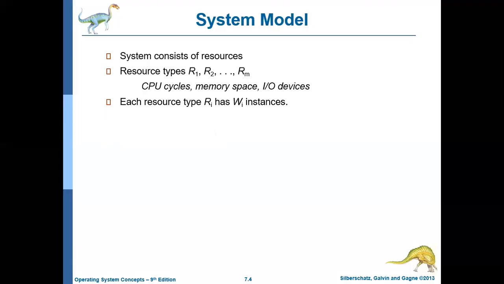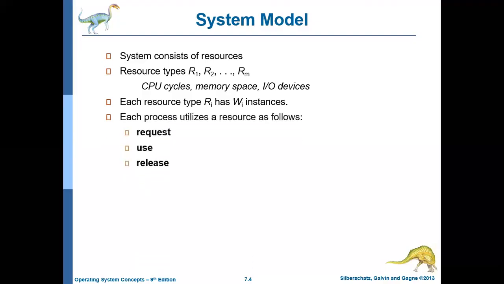For example, if my computer is connected with two printers, then it means that I have two instances of printers. Okay, and if my computer is connected with three scanners, then it means that I have three instances of scanner. So each resource can have more than one instance.